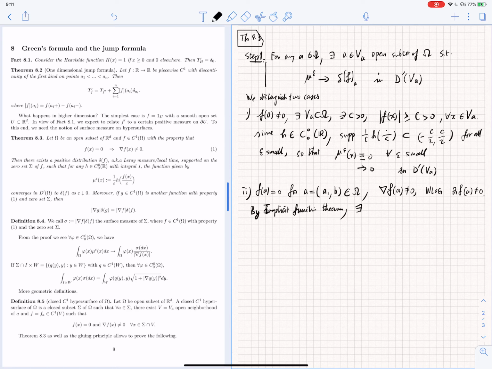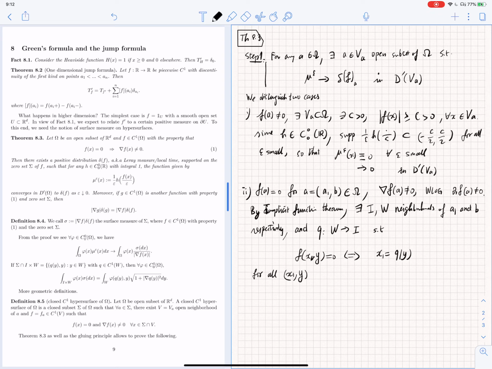So we can find, first of all, a small neighborhood of A1, and a small neighborhood of B. These are the neighborhoods of A1 and B respectively, such that there exists a Q which maps from W to I, such that f of (x1, y) equal to 0 is equivalent to saying that x1 is equal to Q of y for all (x1, y) in the product space, the rectangle I times W. Okay, this is what the implicit function theorem tells us.